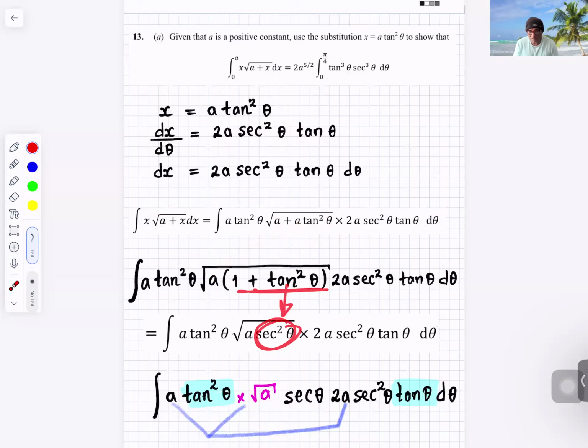So you replace 1 plus tan squared theta with sec squared theta. And the square root of sec squared theta is sec theta. And then the square root of a will stay as square root of a. So this is now your new expression underneath.